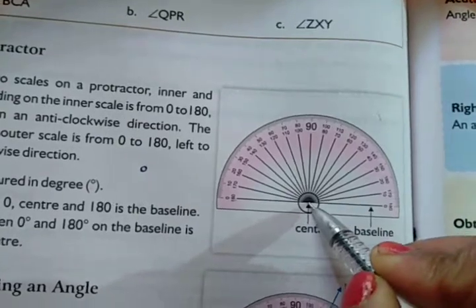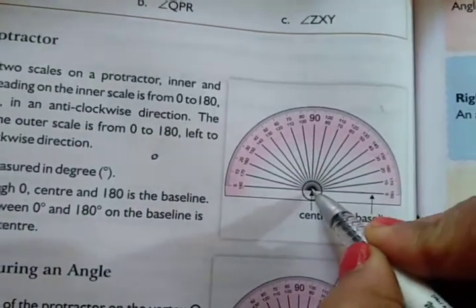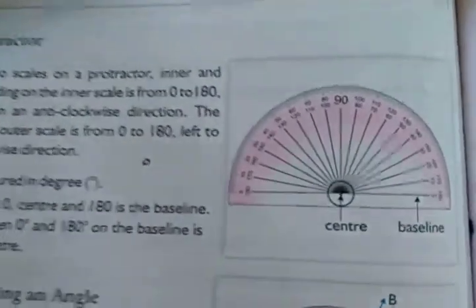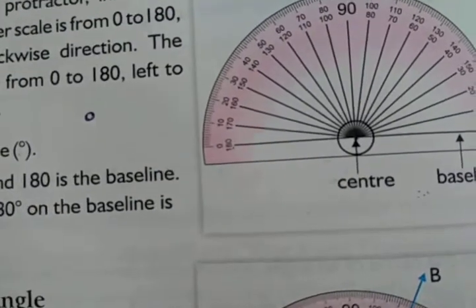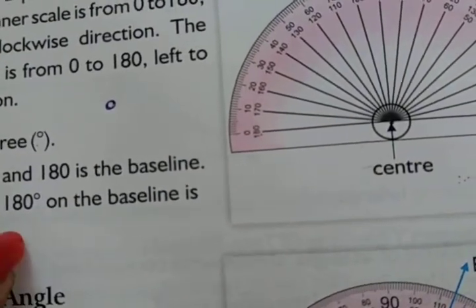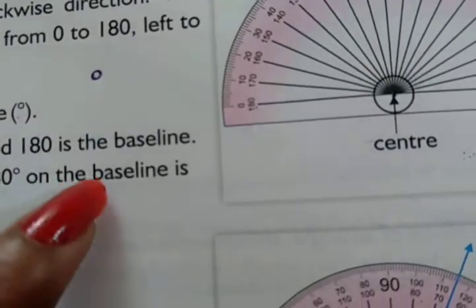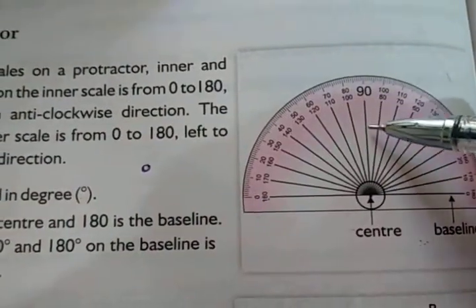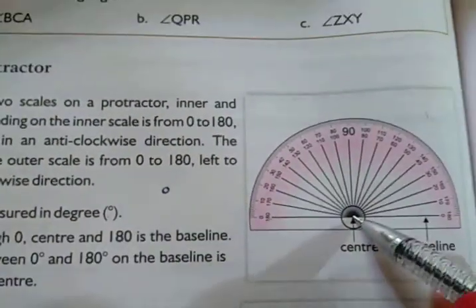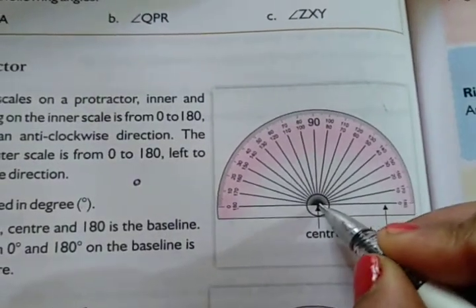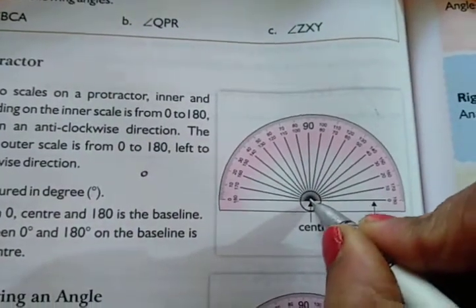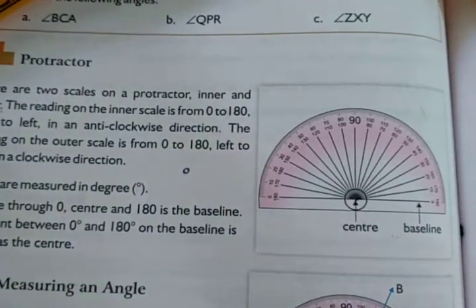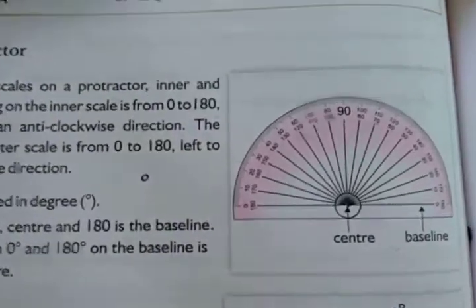The line through 0, center, and 180 degree is the baseline. The point between 0 degree and 180 degree on the baseline is known as the center. Here, from 90 degree direct to this point, this is called the center on the baseline.